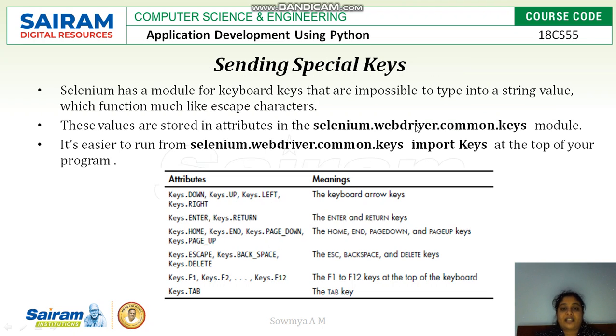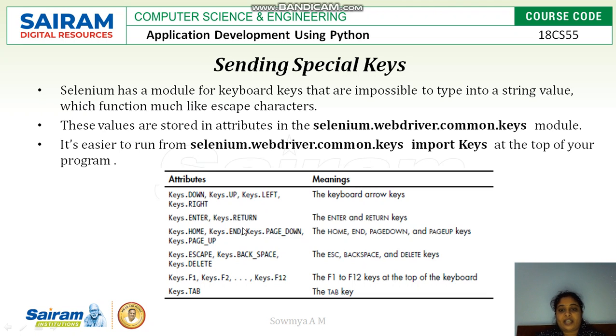Next is sending special keys. We can even send special keys like arrows, the enter key, or return. All these are done with the help of selenium.webdriver.common.keys, and we have to import Keys from it. So here are the attributes: Keys.DOWN, Keys.UP, Keys.LEFT, Keys.RIGHT, which are used as arrows.